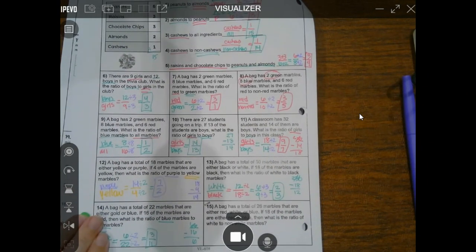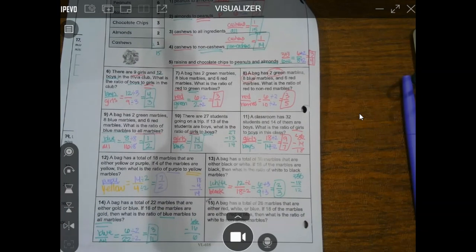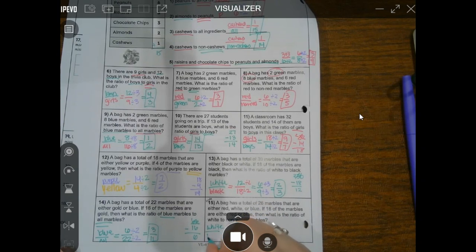Okay, so if you're back with us, it says a bag has a total of 26 marbles that are either red, white, or blue. If 18 of the marbles are either red or blue, then what is the ratio of white to non-white? Oh my goodness, now I see why they said it was tricky. Okay, so I want white to non-white.